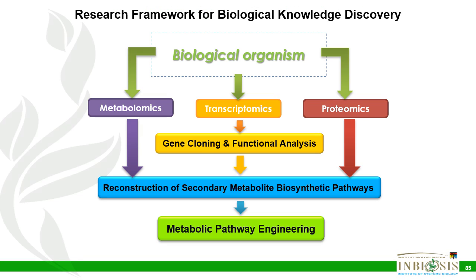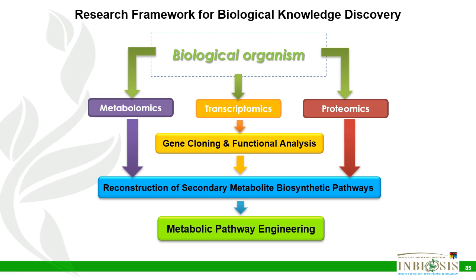This is a general research framework we use for biological knowledge discovery using omics. And we also target some gene functional analysis, and all are combined and integrated for the reconstruction of secondary metabolite biosynthesis pathways, which allows metabolic pathway engineering.